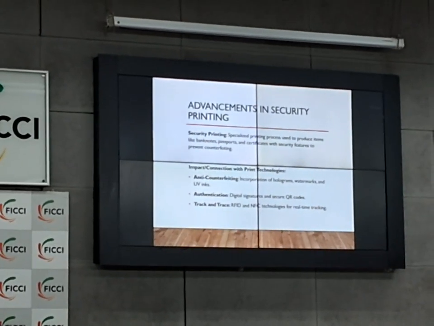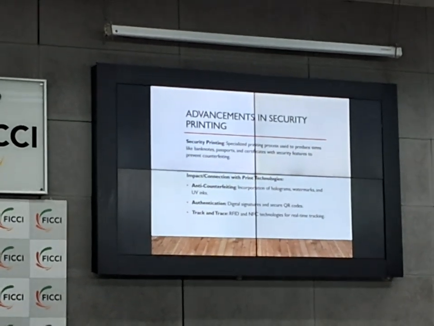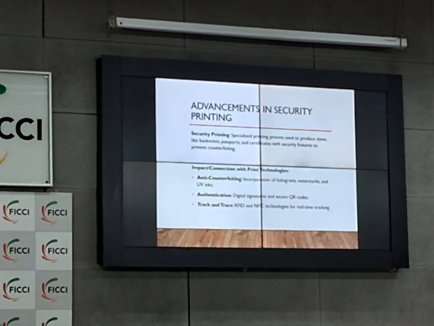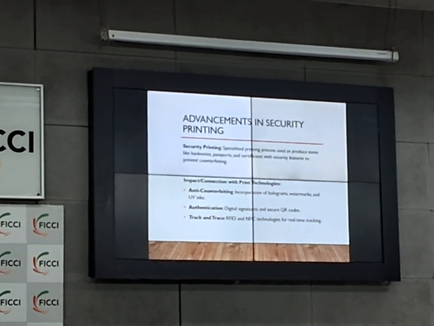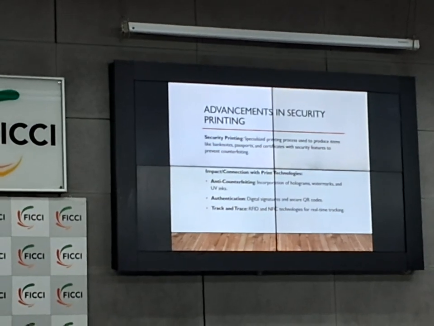So there are some anti-counterfeiting authentication marks. Some special inks are also there. Paper is also there. So with this, we can have a secure document.